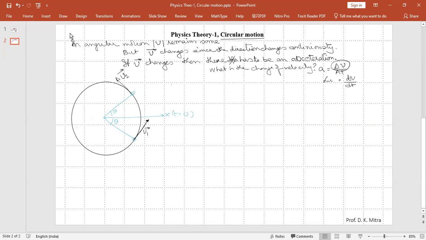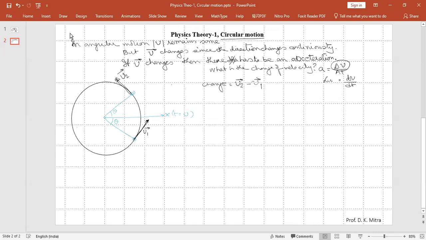This is a vector, the final velocity, and this is the vector initial velocity. So change is actually final vector v2 minus initial vector v1. So we have to subtract this vector v1 from the vector v2.